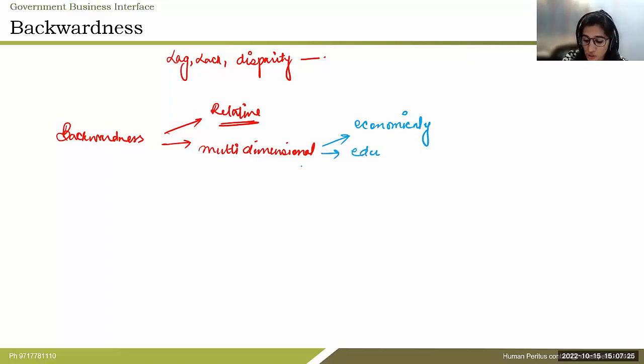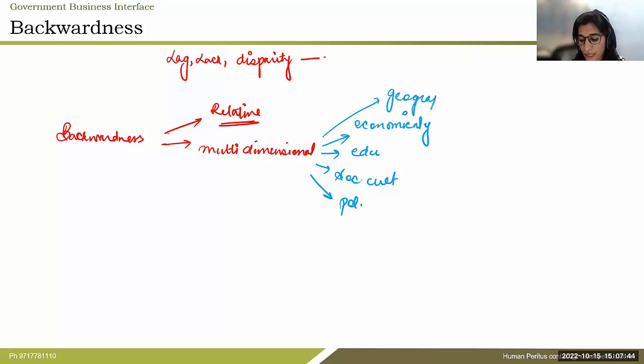Next is educationally backward. Next is socio-cultural backwardness. There can be political backwardness, where the people of one region are less politically active or less politically literate than the other regions of the country or the state for that matter.